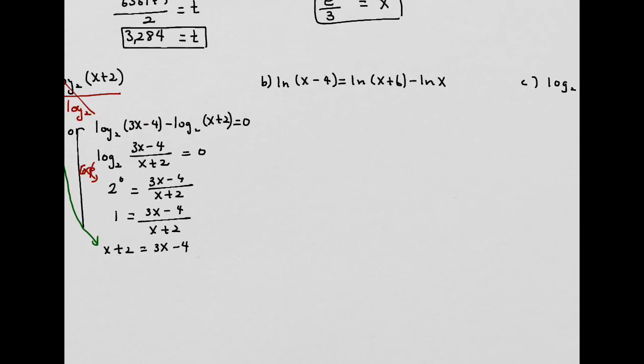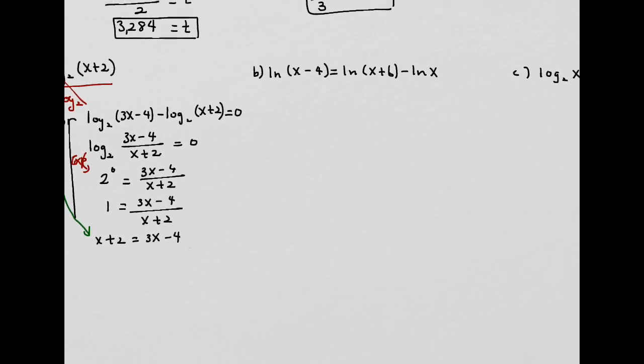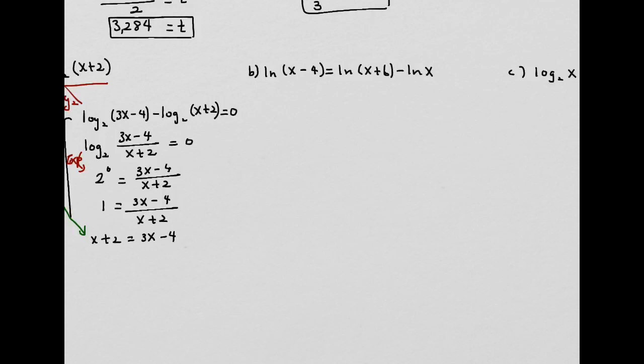Because if you look at the left side, you have more than one term, right? So you need to combine this, even in order to use the first method, multiplying both sides by the logarithm to get rid of the logarithm. Even if you wanted to use that, for this problem you have to combine this into one term first, right?